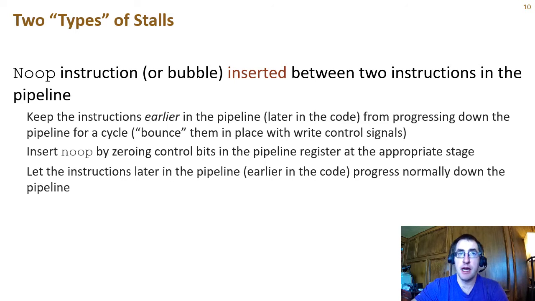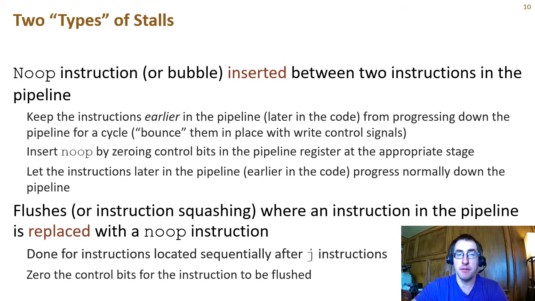And we can do this by adding a no-op by inserting zeros in the control line of the pipeline register at the stage that we want to introduce the bubble, and by freezing or not allowing the interstage buffers before that pipeline stage to latch new values. And then the instructions later in the pipeline will progress normally down the pipeline.